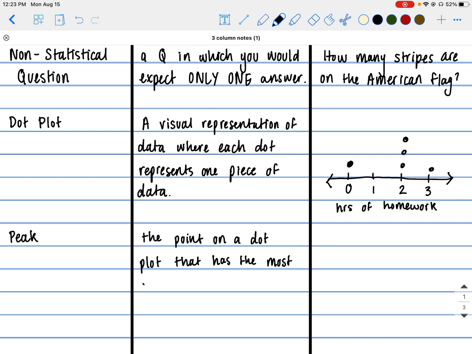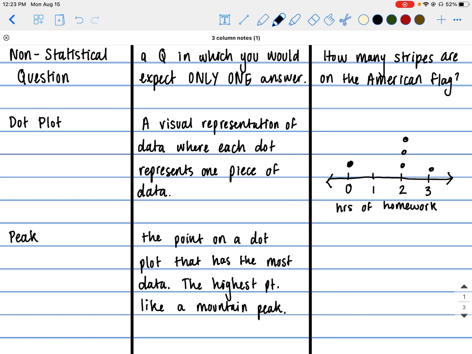And I'm going to say it's the highest point, like a mountain peak. That's an easy way to remember it. And remember, I abbreviate sometimes just to make less writing for myself and you guys. So that's the highest point, like a mountain peak.